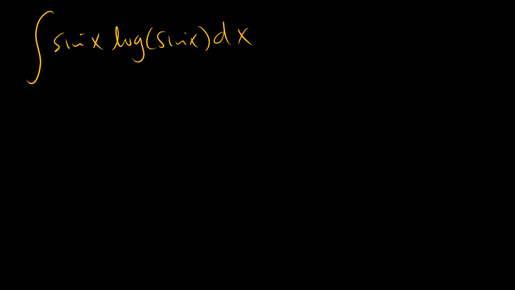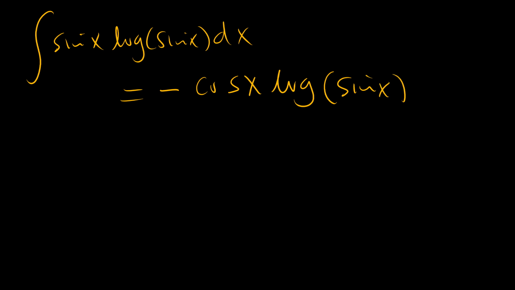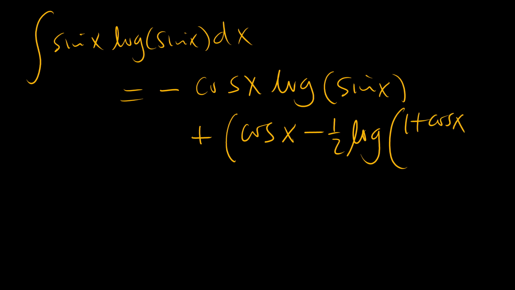What that means essentially is that our original integral of sine x natural logarithm of sine x is equal to, where we have negative of a square root of 1 minus u squared, that's the same as cosine x, logarithm of sine x, plus cosine x minus a half logarithm of 1 plus cosine x over 1 minus cosine x, plus the big integration constant.